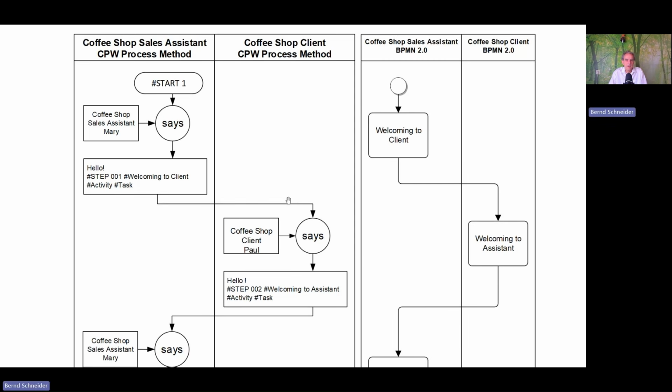And this abstract function has been used on the right side to represent the process step for business process modeling notation 2.0. Welcoming to client. In the further next row from the CPW object, we see hashtag activity, hashtag task.